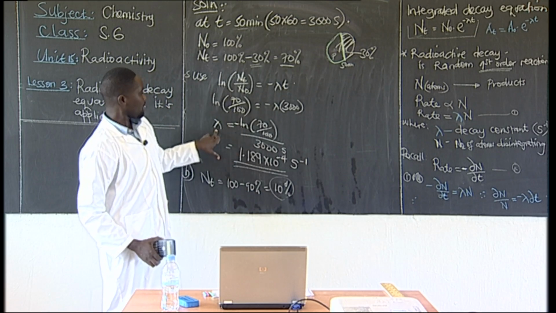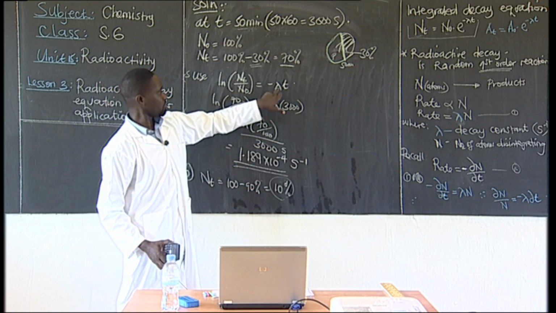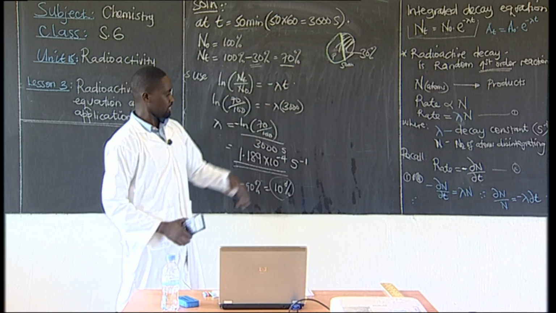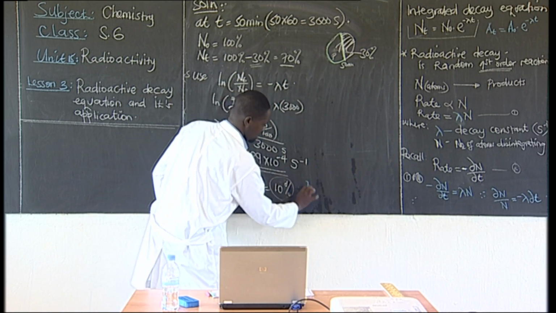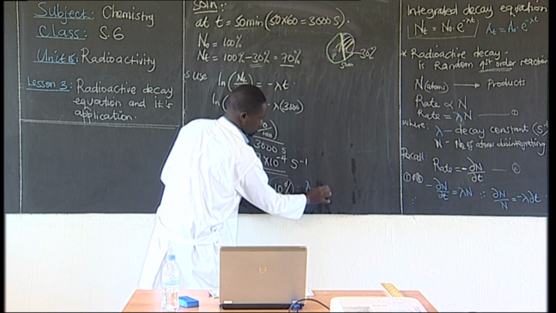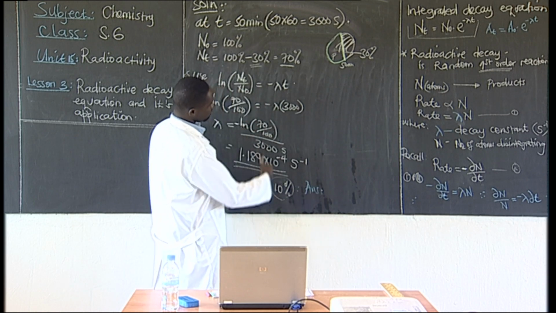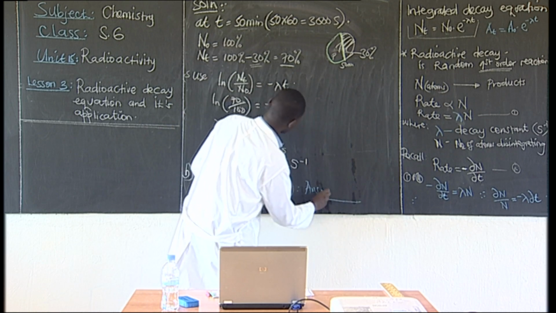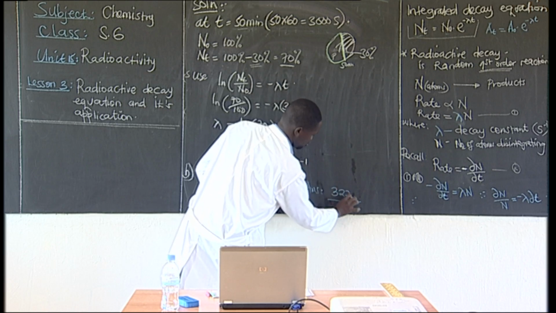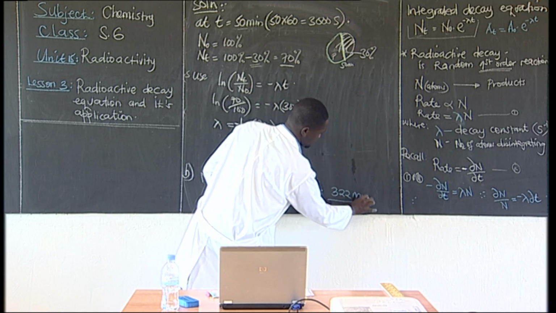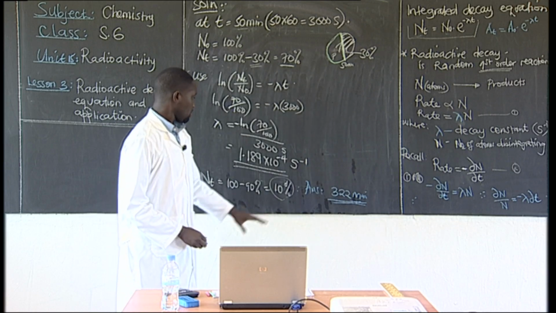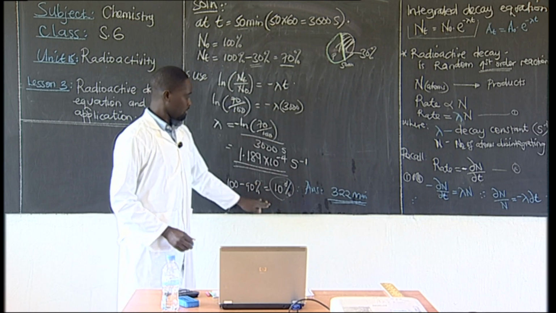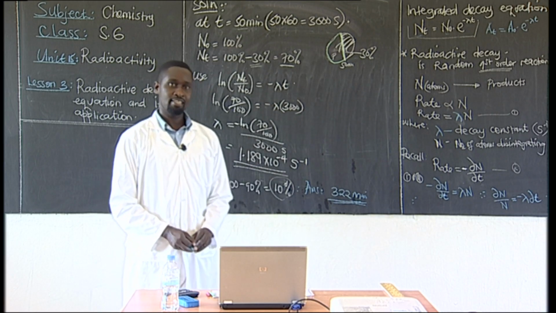Substitute your lambda in this equation to get time. For the interest of time, the answer here should be, you calculate, you'll get 3.222 minutes. I will not go through that. I'm giving you the answer. Follow the same approach and get the answer.